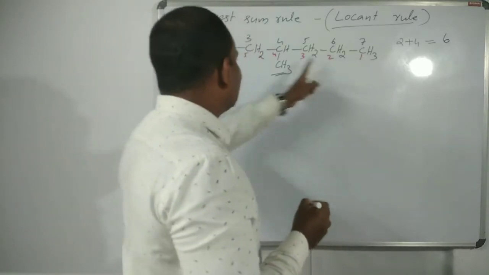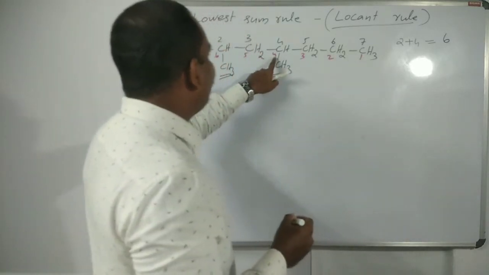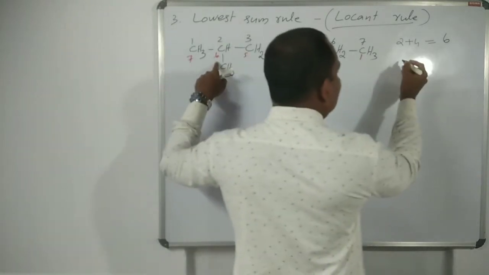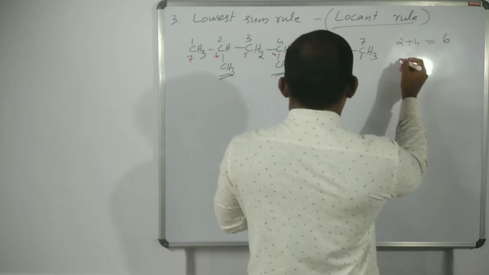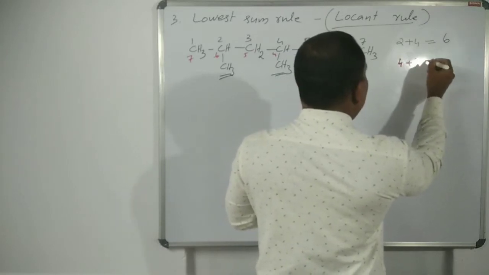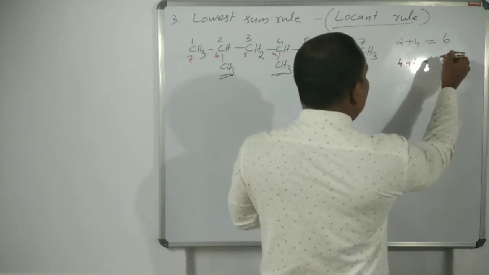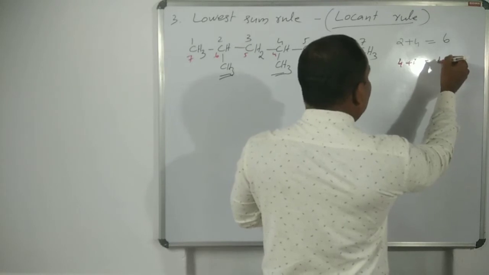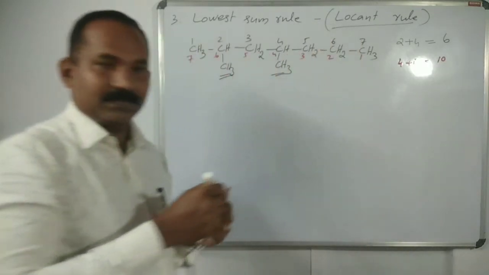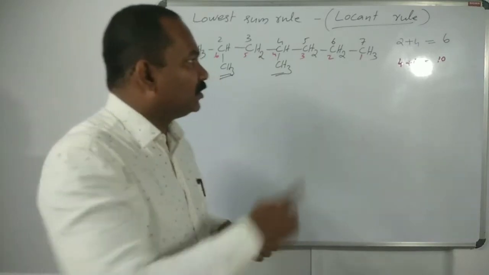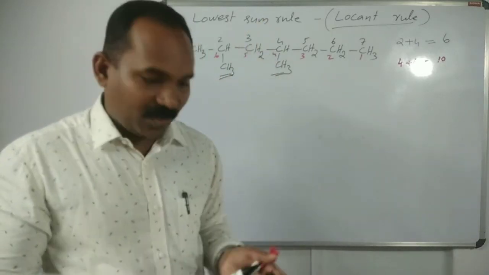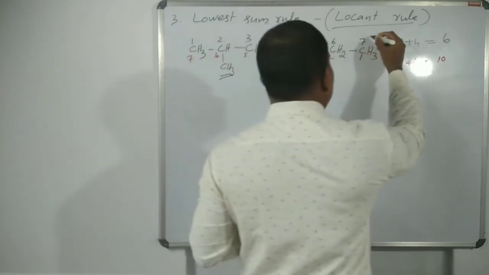From right to left, the positions are 4 and 6, using a red pen. How much is it? It is 10. Which is the lowest sum? 6 is the lowest sum. So that numbering is correct.